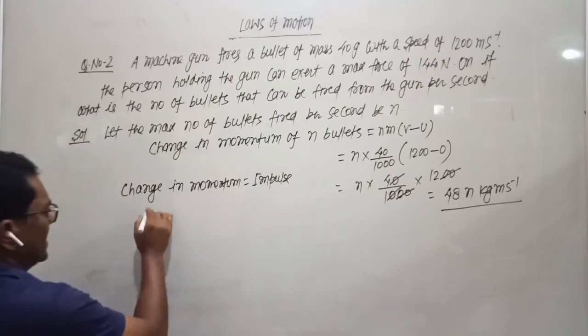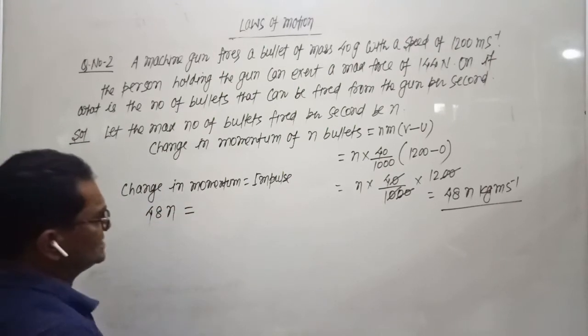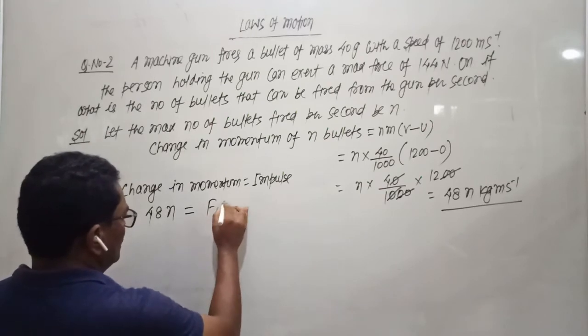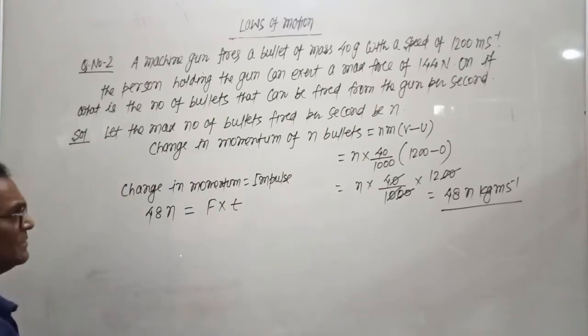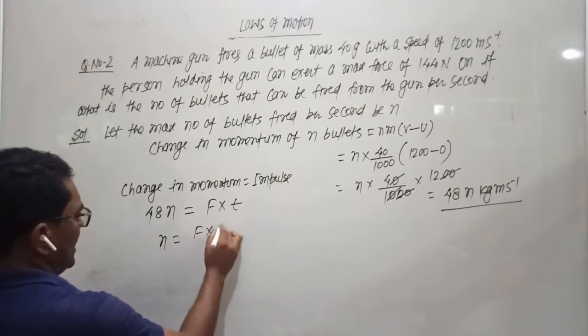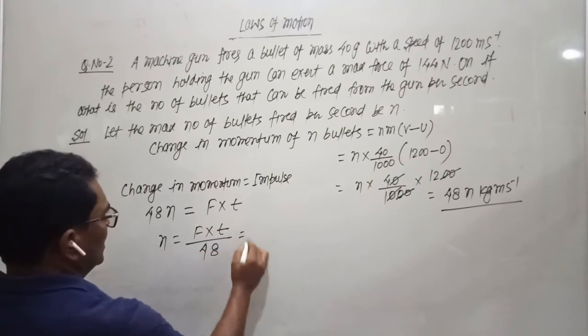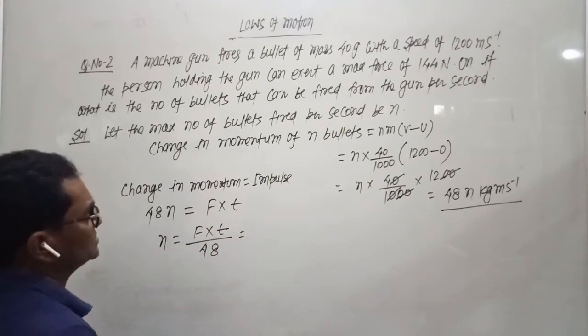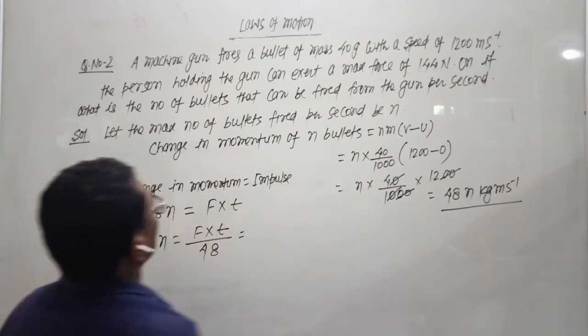And the change in momentum we got is 48 n, and impulse is equal to force acting for a short interval of time, F into t. Then n is equal to F into t upon 48. The value of force is given as 144 Newton.